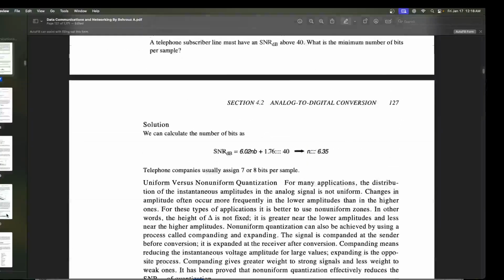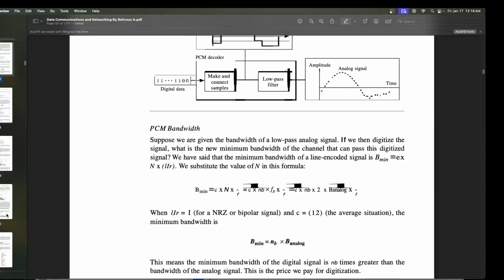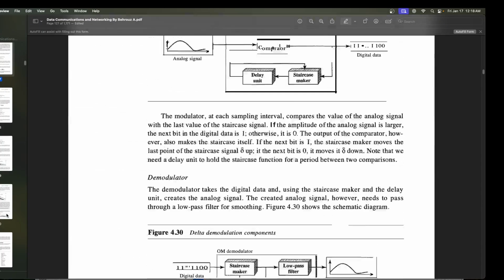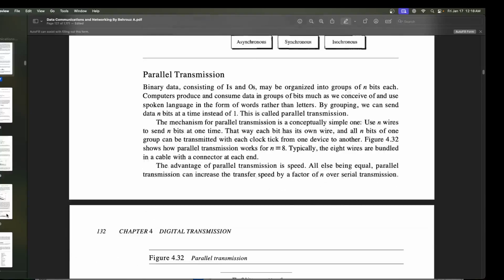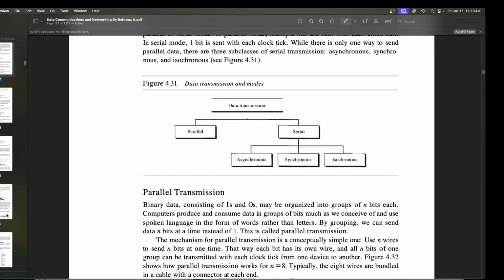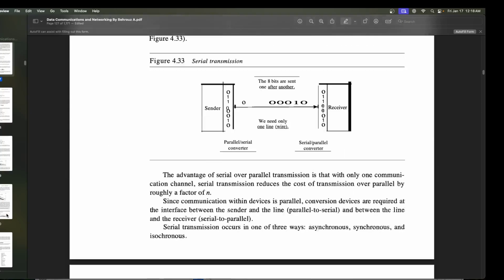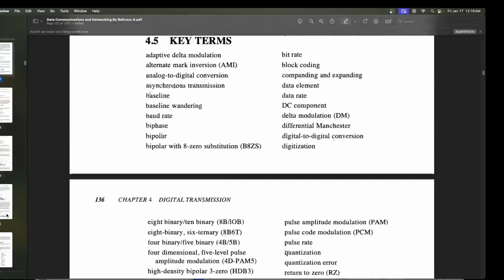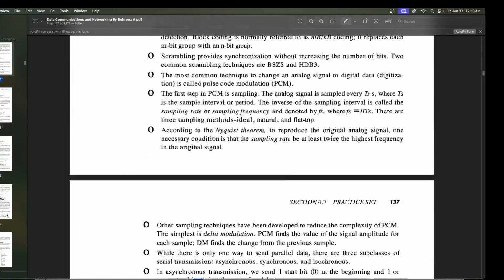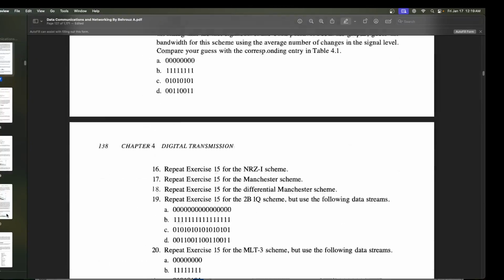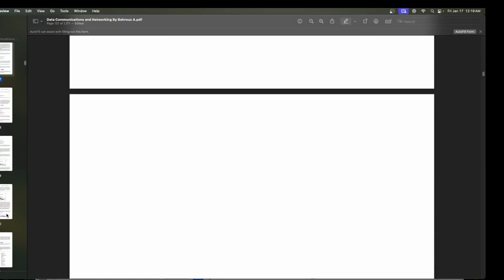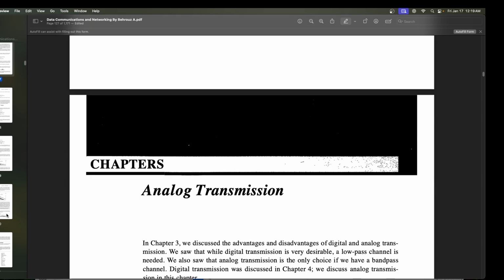How many samples can we take? That is determined by the Nyquist rate. Not needed as such here. This is just a good thing to remember, although not needed. This has nothing to do with computer networks. It's more signal analysis.